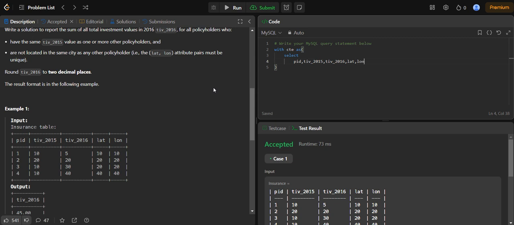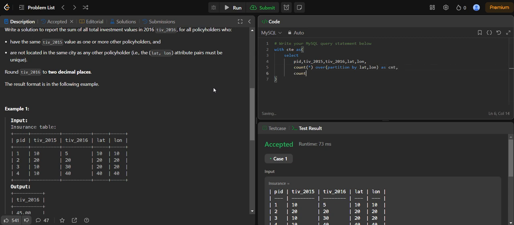Actually, I do not need it, but let us keep it. Then longitude. Then I need count star over partition by latitude, longitude, as suppose CNT.